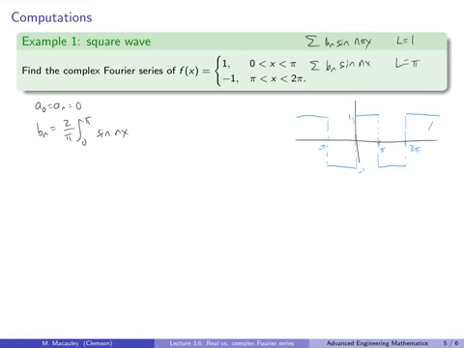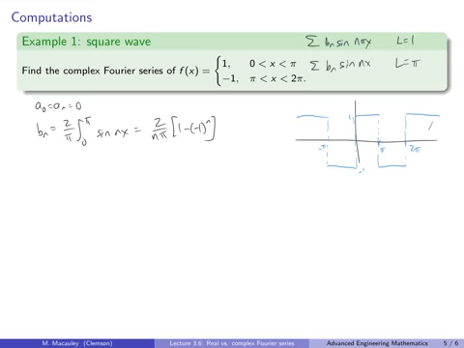Okay, so what is that? That is 2 over n pi times 1 minus negative 1 to the n. So those are the real coefficients. That was much easier than computing the complex coefficients that we did before.